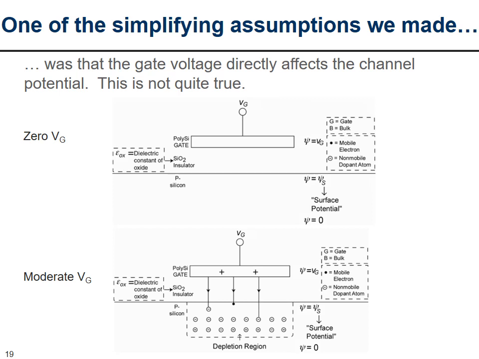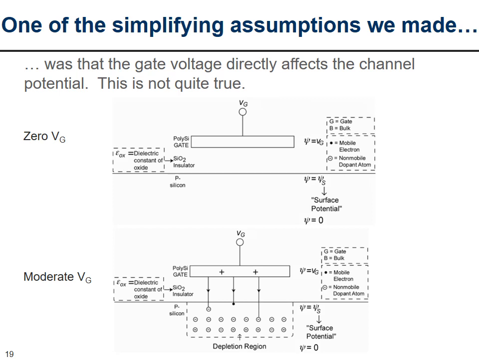Now when we start to increase the gate voltage, in this case labeled as moderate VG, then if there were no depletion region, the surface potential would basically just mirror the gate voltage. But it turns out that there is, the substrate is doped, in this case it's doped P, and so when we apply a positive charge to the gate, then we effectively get attraction of electrons to the surface of the channel region here.